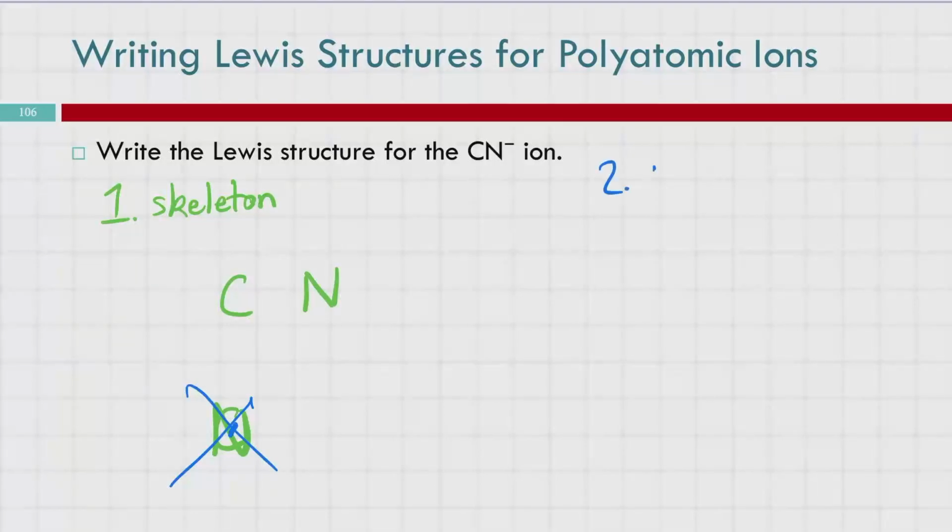Now we need our valence electrons. We have a carbon. Carbon has how many valence electrons? It's 4 because it's in the 4th column, or the 4th group. We have a nitrogen. How many does it have? 5 because it's in the column over. Is there anything else?